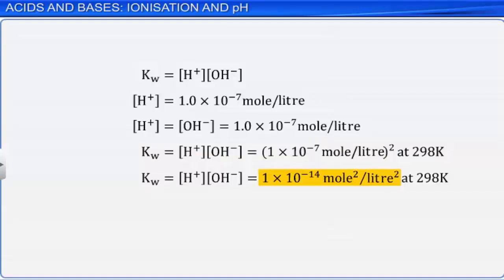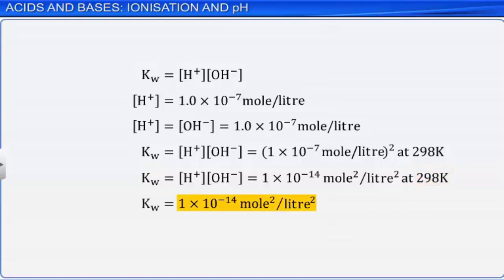This is equal to 1 × 10^-14. Hence, the value of the ionic product of water at 298 Kelvin is equal to 1 × 10^-14 moles square per liter square. It must be remembered that Kw, being the equilibrium constant, depends on temperature.